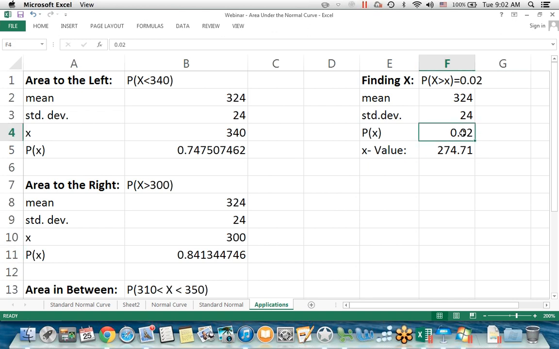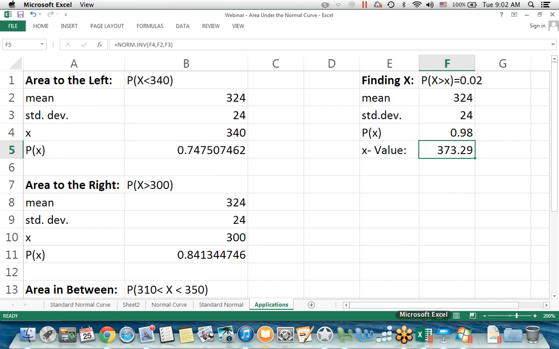Now remember that instead of typing in the probability of 0.02, I'm going to type in 0.98, 1 minus the probability, and that gives me 373.29. So 373.29 represents the cutoff between the top 20% and the bottom 80%.